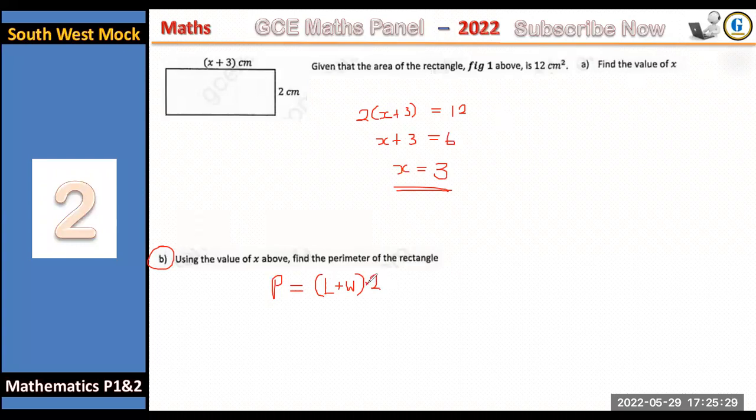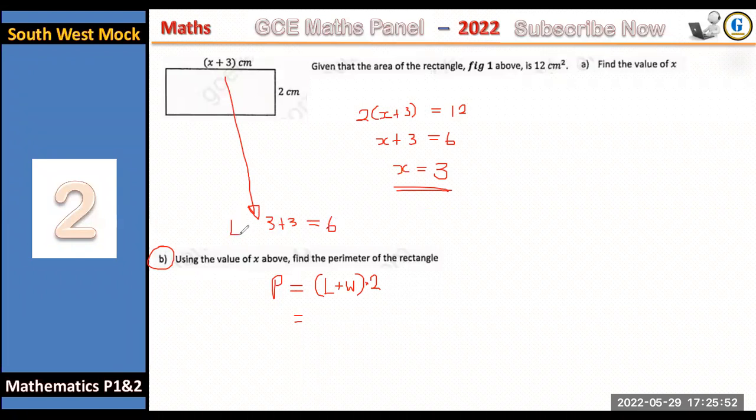Or you just add the length plus width plus length plus width. But from this rectangle, what is our length? Our length is x plus 3. So our length should be 3 plus 3, which is 6.